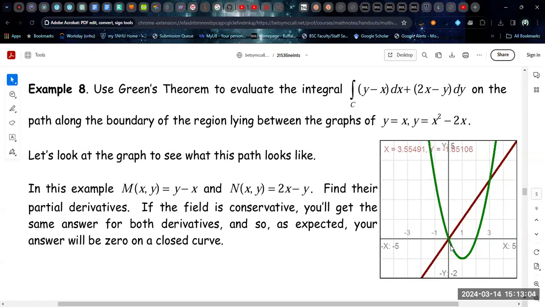So you would parameterize the x squared curve, you would let x equal t, and then the y component would be x squared minus 2x, which is t squared minus 2t, and then you would do that from 0 to this point of intersection, which looks like t equals 3, and then you would parameterize the line segment back from, it looks like maybe (3, 3), all the way back to the origin. And then you would do that in two segments, and again, substituting into that differential form, similar to the example we did at the end of the general line integrals video.